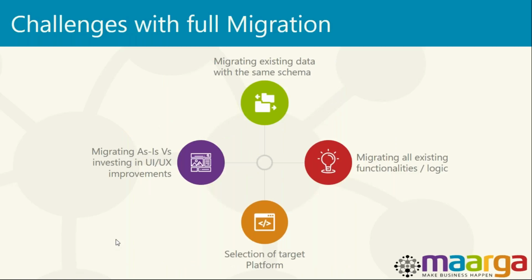So while I talked about why people are migrating or considering a migration, there are a lot of challenges with a full migration of all your Domino applications, and it starts with understanding your existing infrastructure.